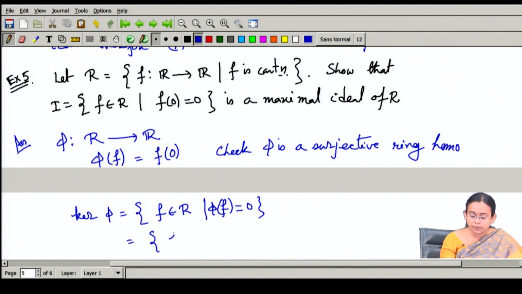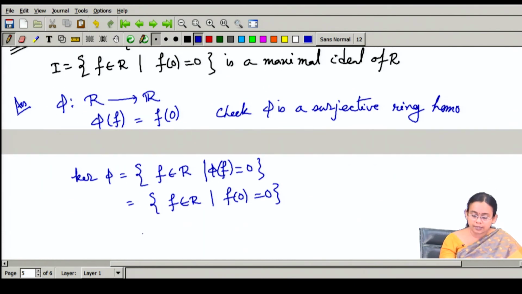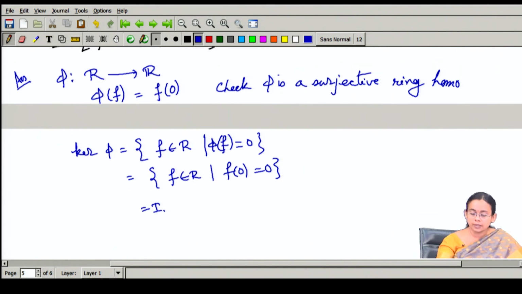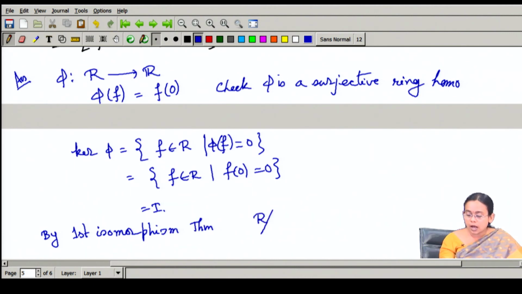So, this is the collection of all the functions such that f of 0 is equal to 0, and this is this ideal I. Therefore, by the first isomorphism theorem, we can write that R quotient I is isomorphic with the field of real numbers.